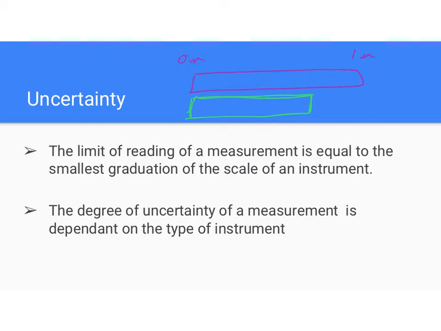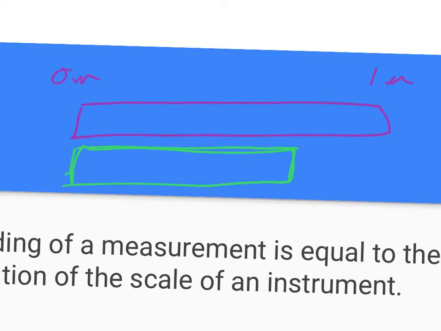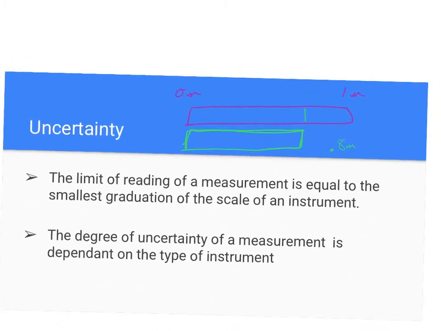And so I'm going to look at my meter stick and say, well, it's here, and that's about 80% of the way. And so I'm going to call that 0.8 meters. But ultimately there's a pretty high level of uncertainty in that measurement because there's so much estimation.